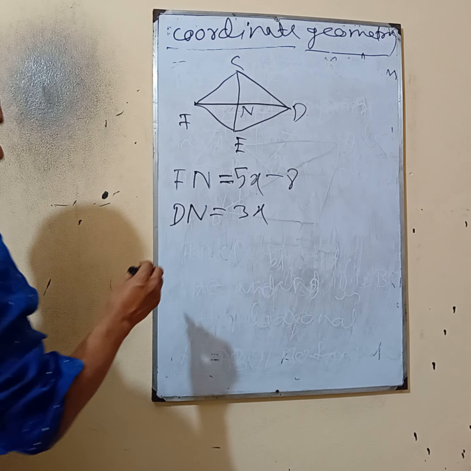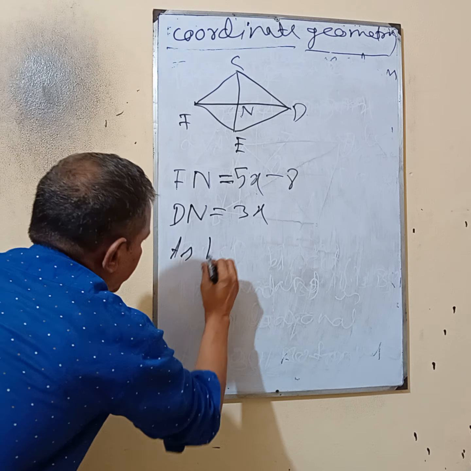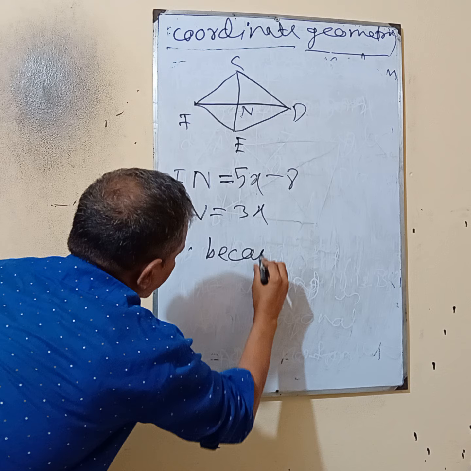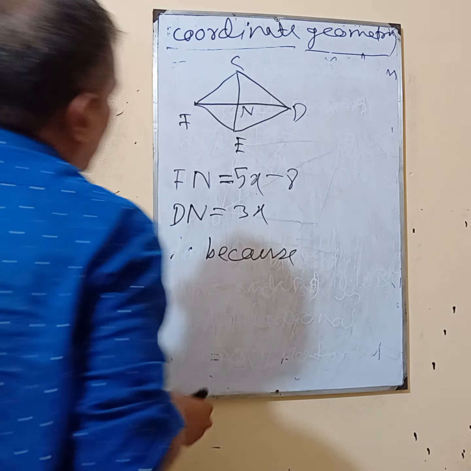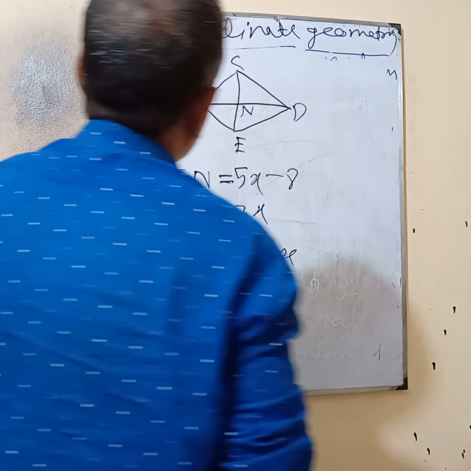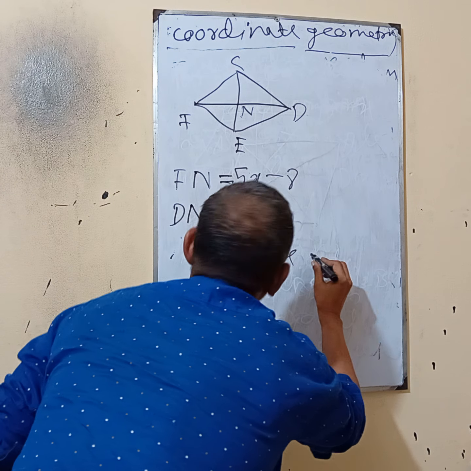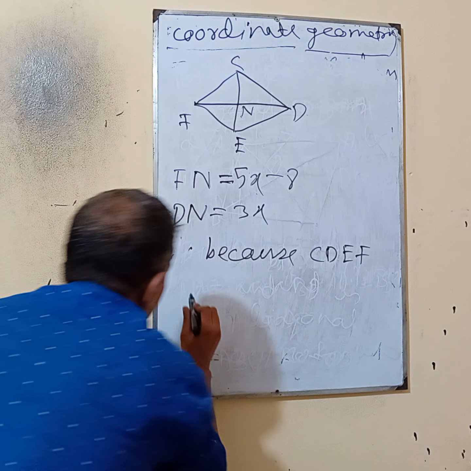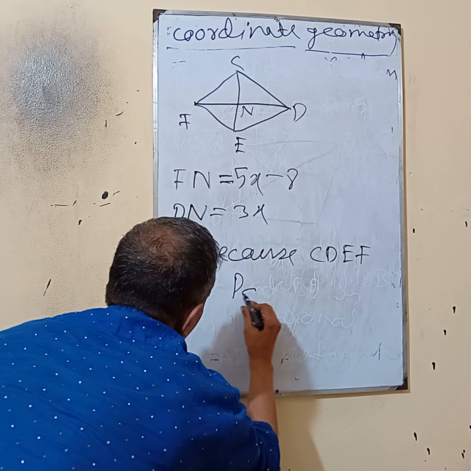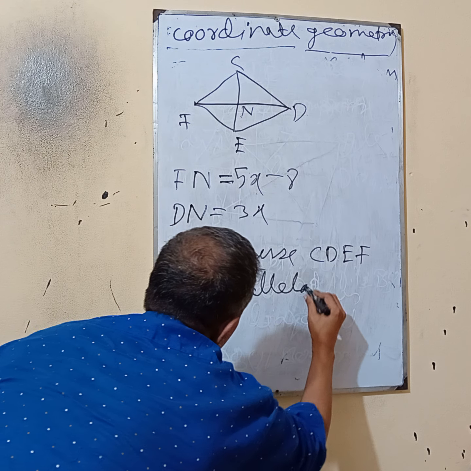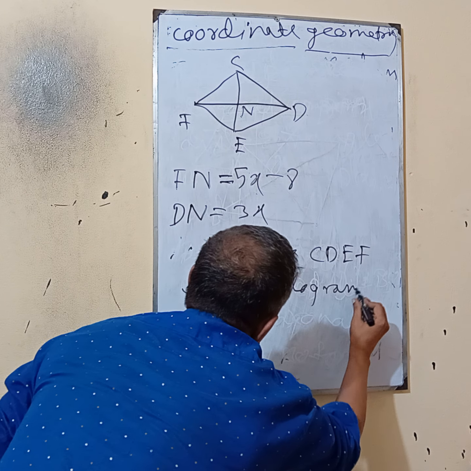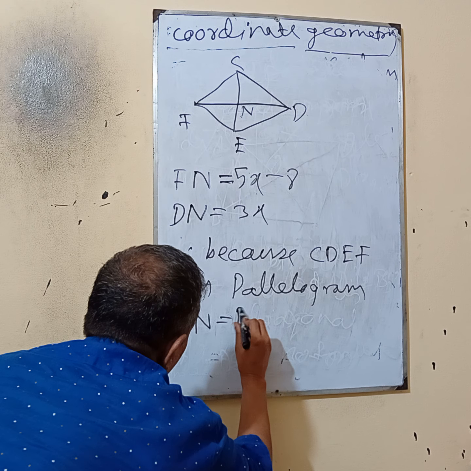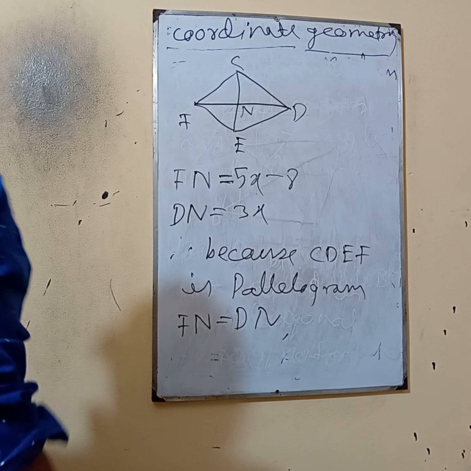Because CDEF is a parallelogram, FN is equal to DN.